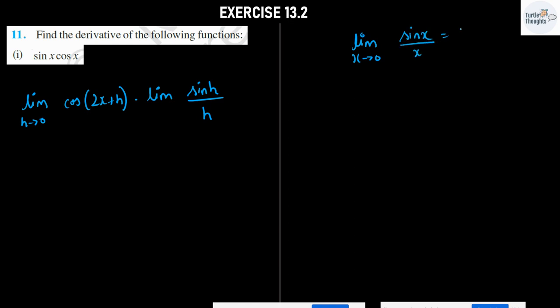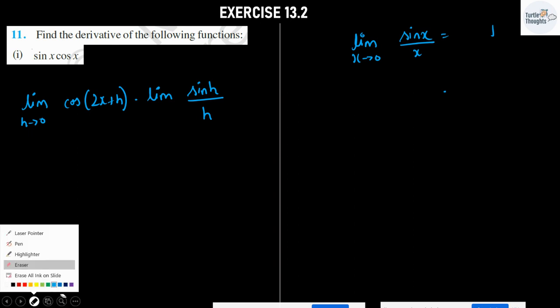What is this? Is it going to be 0 or 1? What about tan x divided by x? Tan x divided by x is going to be equal to 0. Sin x divided by x is going to be equal to 1.